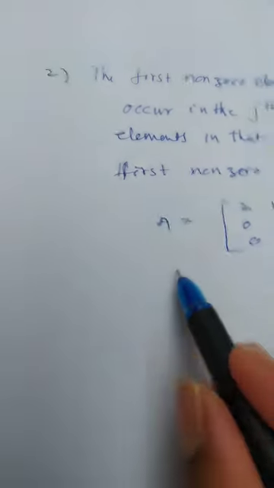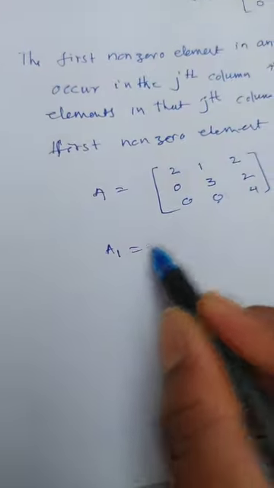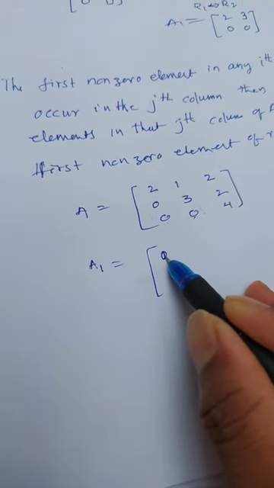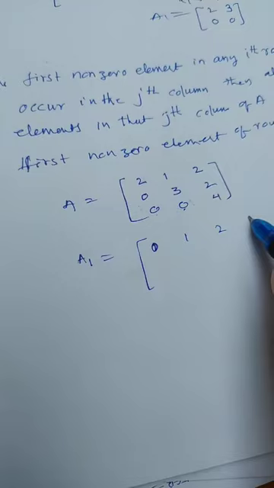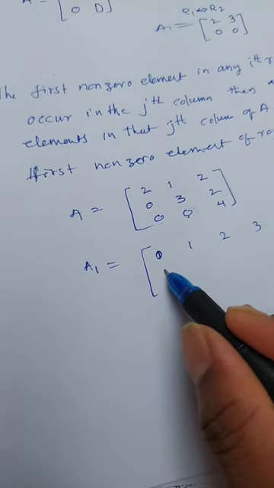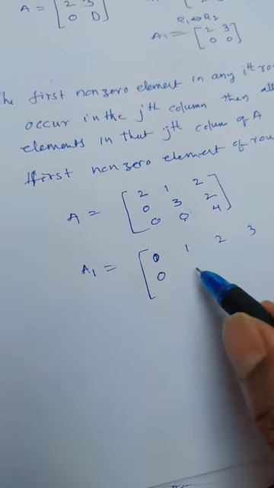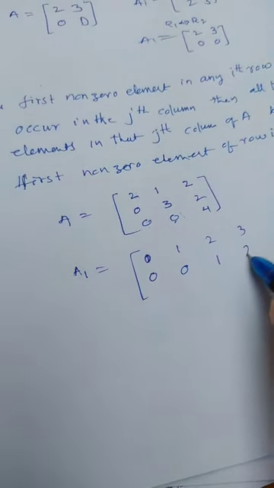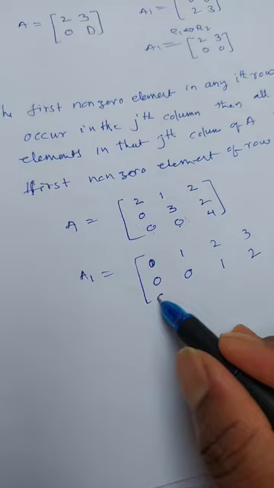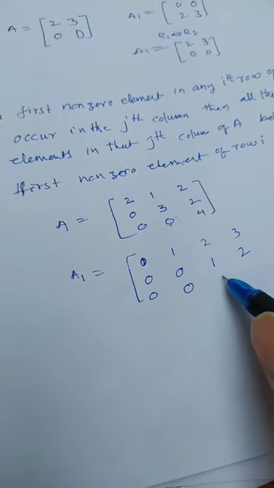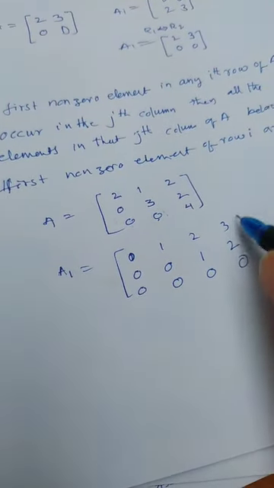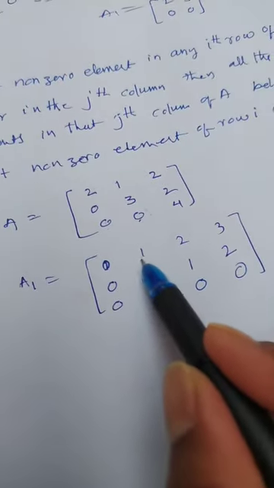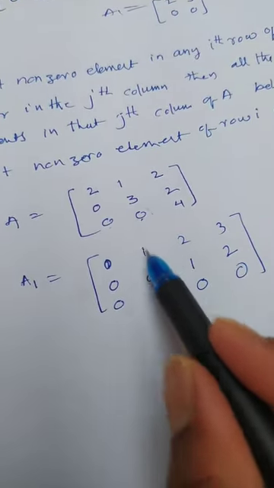For example, let me take another example, A1: 0, 1, 2, 3; 0, 0, 1, 2; 0, 0, 0, 0. See here, I am taking the first row, first non-zero element 1, occurring in the second column.